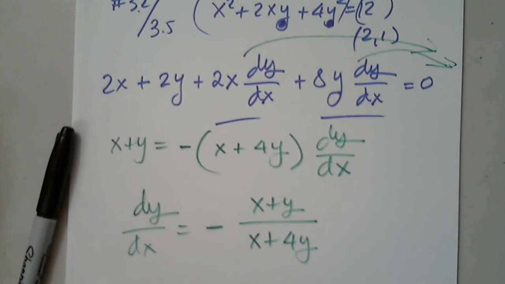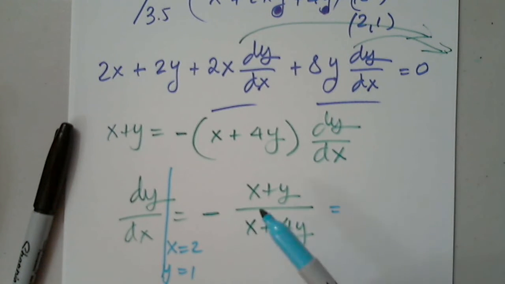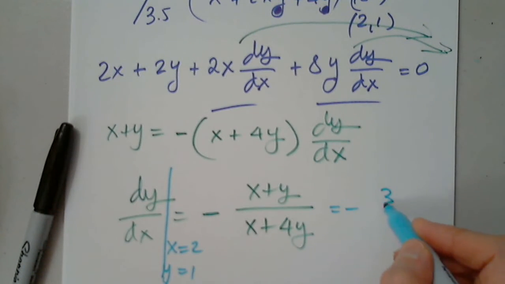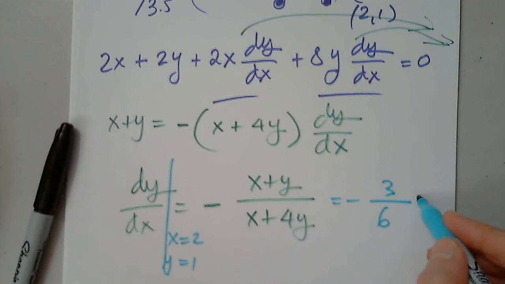Only now I will say fine when x is 2 and y is 1. 2 plus 1 is 3. 2 plus 4 is 6. So this is negative 1/2.